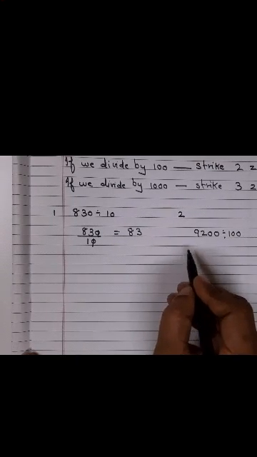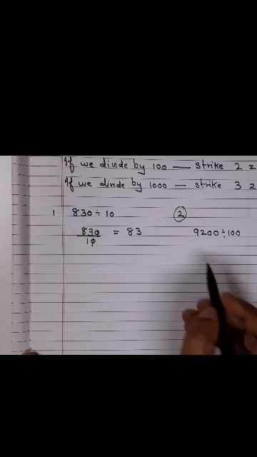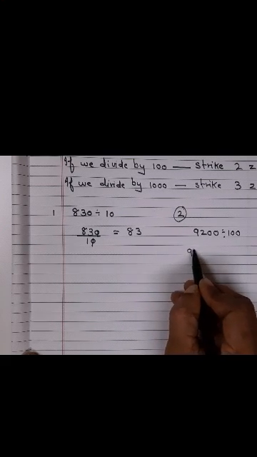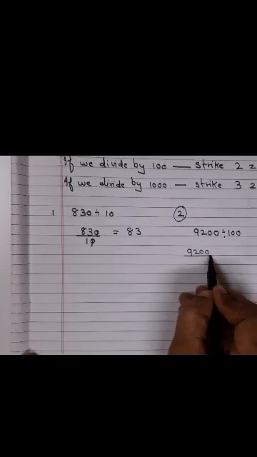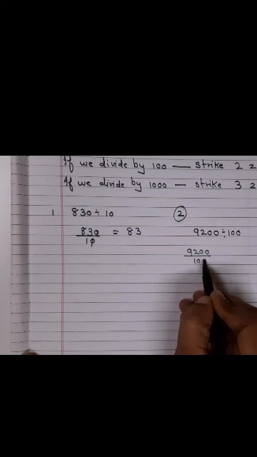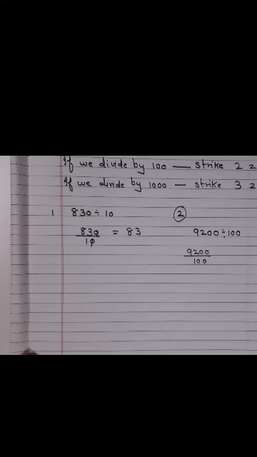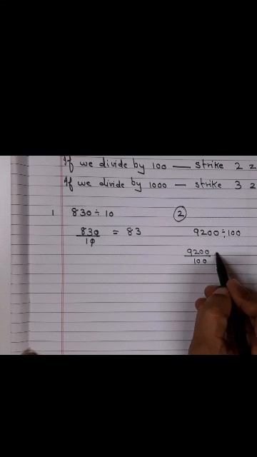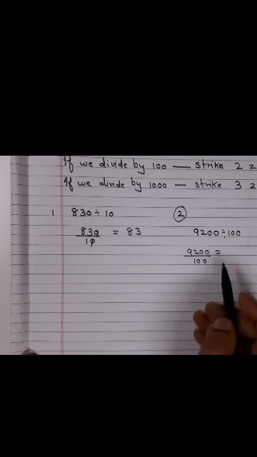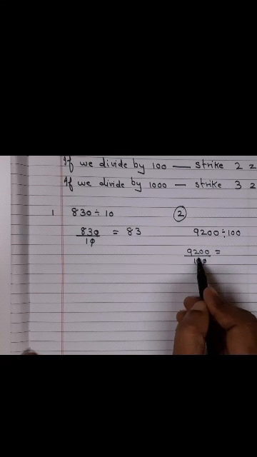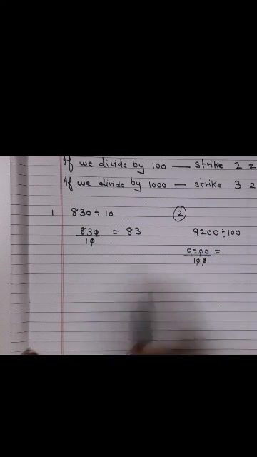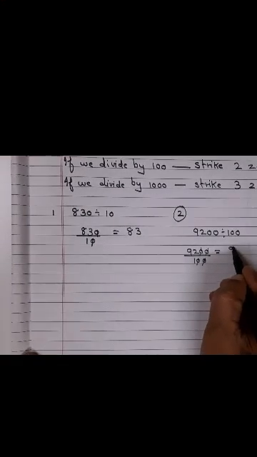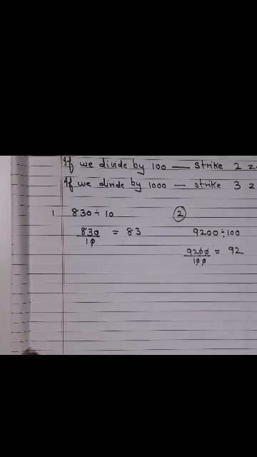So as I said, let me write this like this. Let me put the numerator and denominator. You put it like this so it becomes simple for you. So you have to strike 2 zeros, children. So what's your answer? Simple.